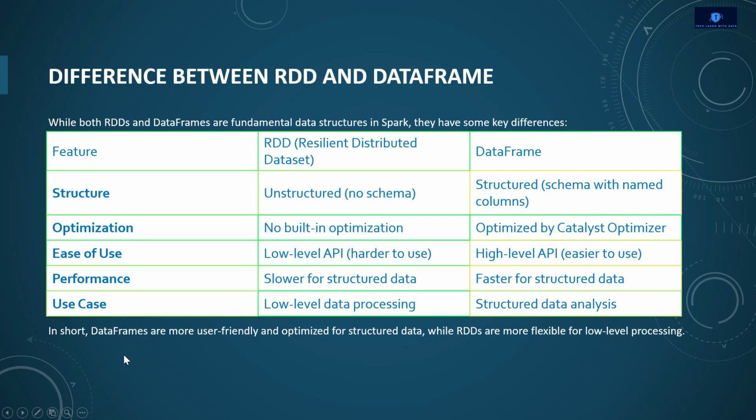For use cases, RDD is for low-level data processing, like small data sizes, while DataFrame is for structured data analysis. In short, DataFrames are more user-friendly and optimized for structured data, but RDDs are more flexible for low-level processing. So these are the key differences between RDD and DataFrame.